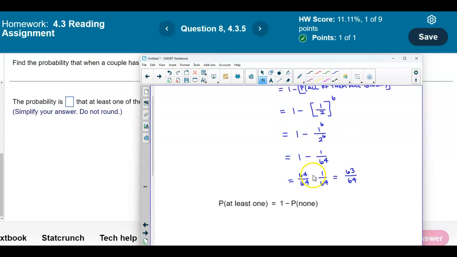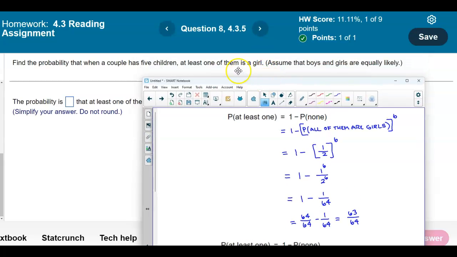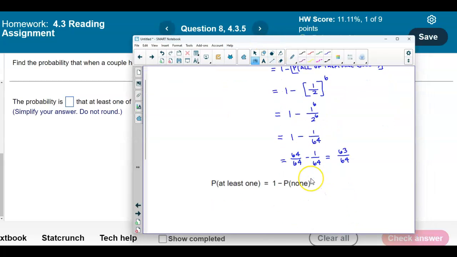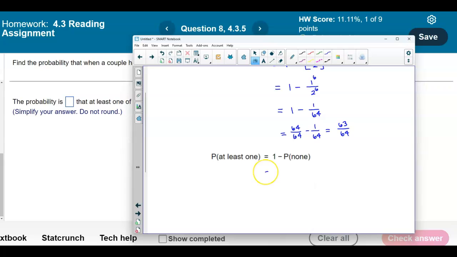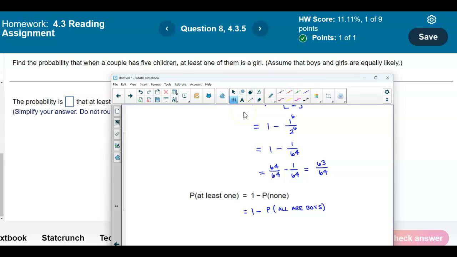So now, instead of all girls, we want to find the probability of subtracting when they're all boys. So this would equal 1 minus the probability that all are boys. Okay, now the couple is having 5 children, so that means you'd be multiplying this together 5 times.